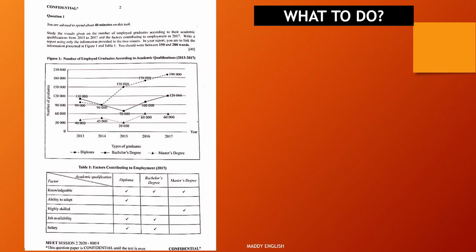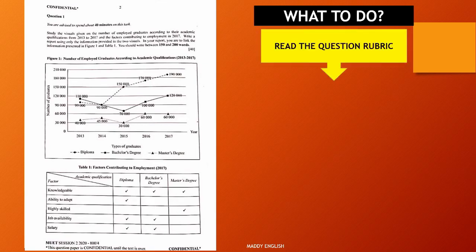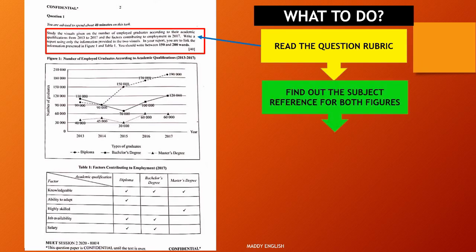What do you do when you first get the question? Read the question's rubric. The question's rubric can be found at the top of the question. Read through. It will tell you what is the subject reference for both figures. In this question, the number of employed graduates according to their academic qualification from 2013 to 17 is what is mentioned in Figure 1.